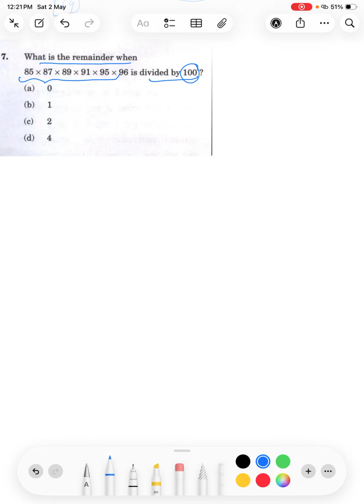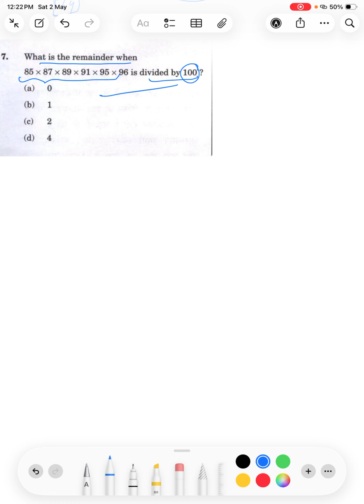When you are asked about remainder, when you are dividing a number by some other number, then in those sort of questions, what you do is that you look for prime factorization and then you try to approach the problem.